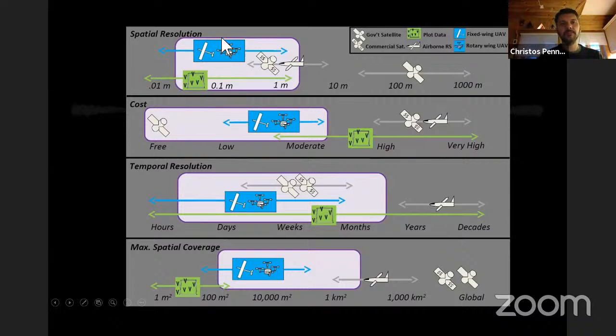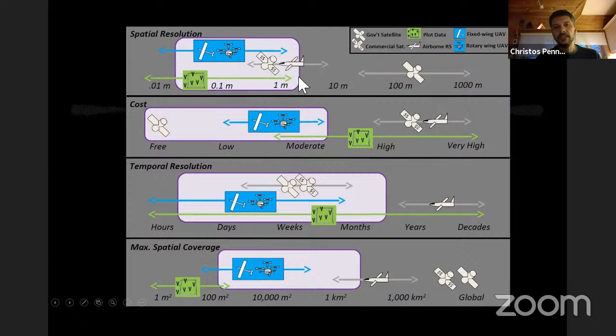So here you can see that drones, both fixed wings and rotary drones, can achieve a spatial resolution of 0.1 meter to maybe 0.001 meter, where with close range photogrammetry, we can achieve more or less the same spatial resolution.